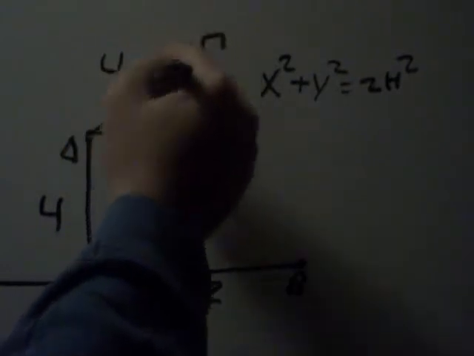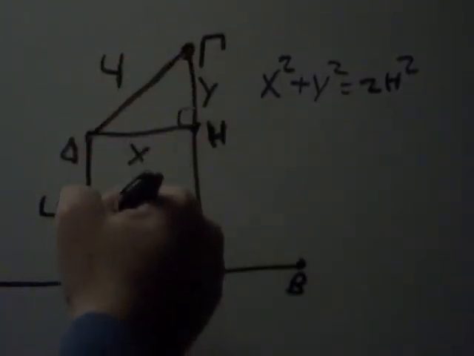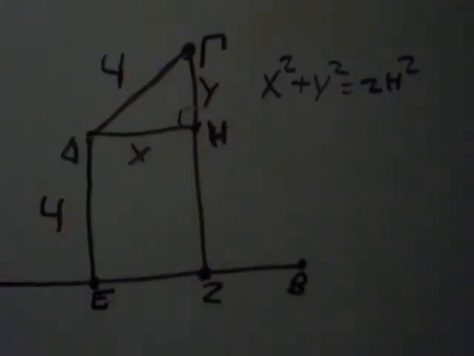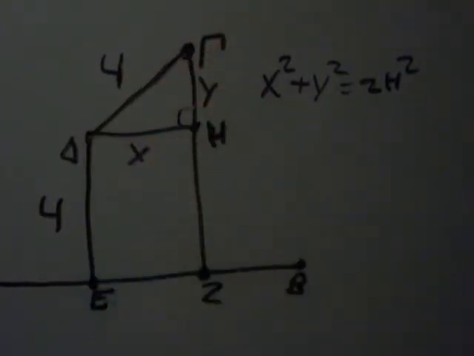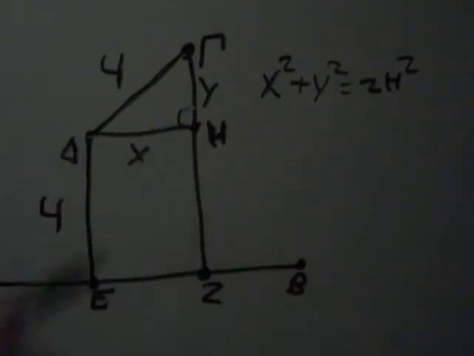Because we said this length is equal to this length. And because this length is equal to this length, and this length is equal to this length, therefore, by the transitive property, if A equals B and B equals C, then A equals C. Well, this length is equal to this length. And that's how we can get away with that. So, the square of ZH, this one, equals these two squares right here.